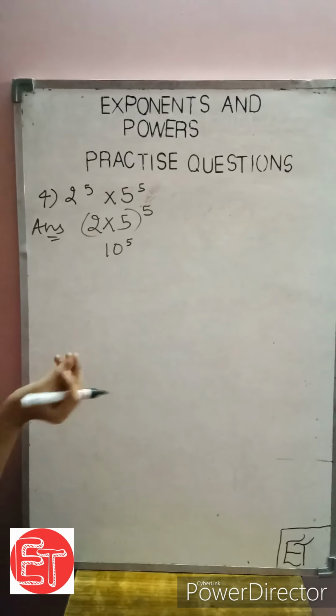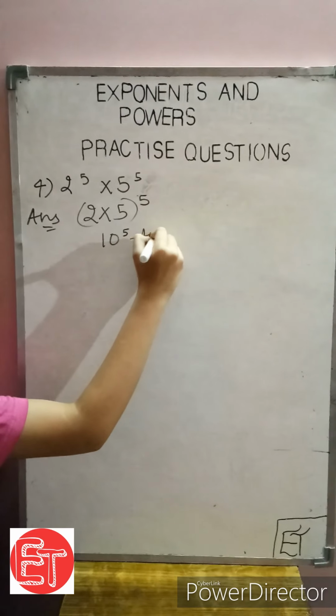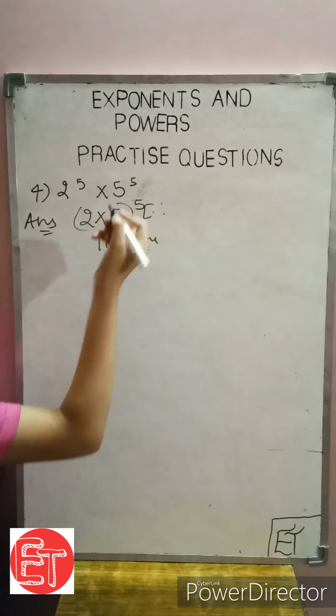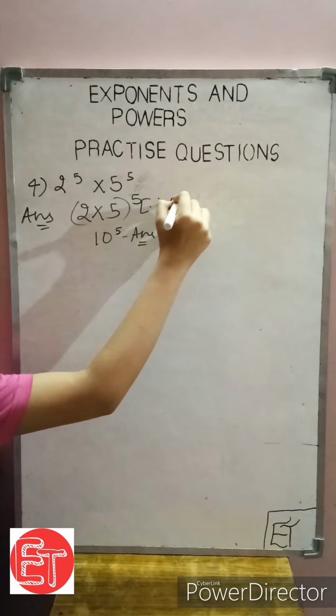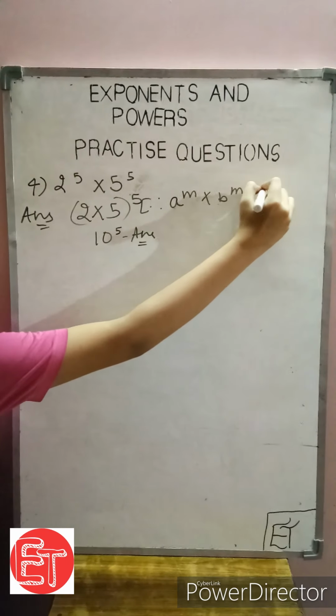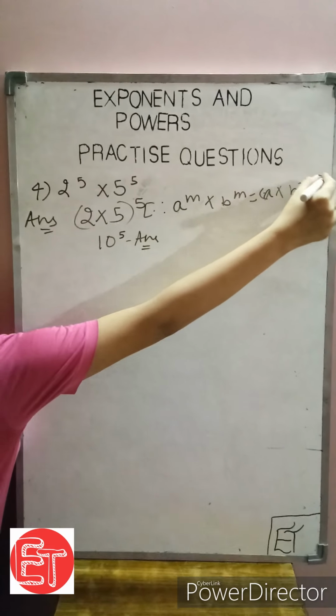Guys, you need to write the laws. What law have I used? I have used the law that says a raised to the power m multiplied by b raised to the power m will give the result a into b raised to the power m.